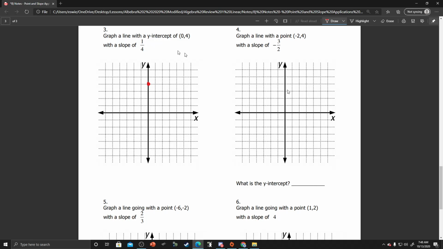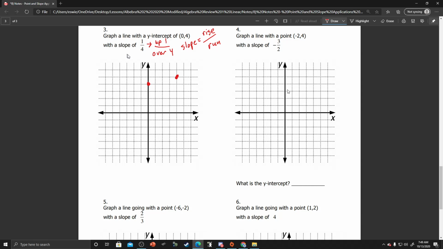And then I'm given a slope, and you need to interpret the slope as rise over run. So this would be up 1 over 4.